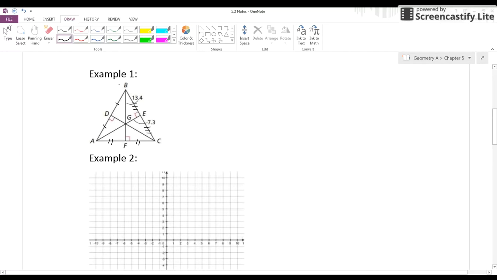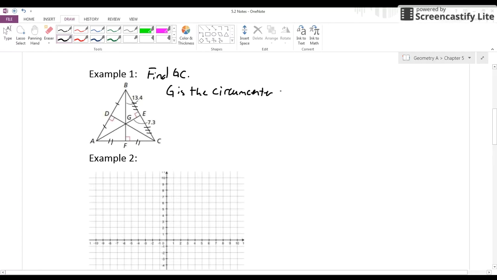All right. So remember, what does this tell us if we're trying to find the measure of, for example, BC, right? Well, since we know G is what point? You should see G as the circumcenter, because DG, EG, and FG are perpendicular bisectors, right? And G is the intersection of those three.